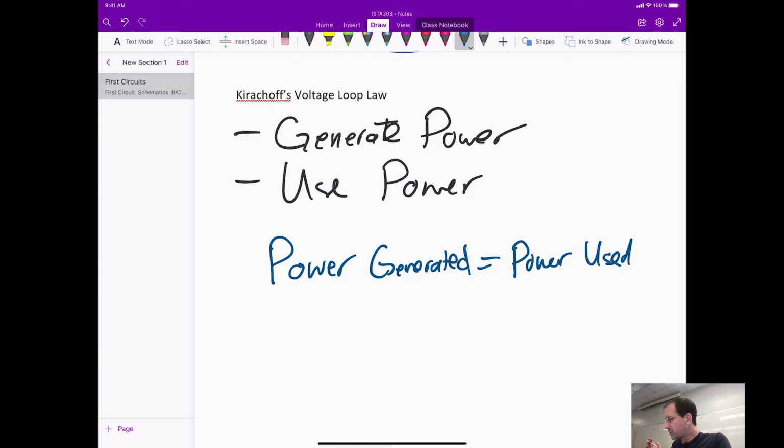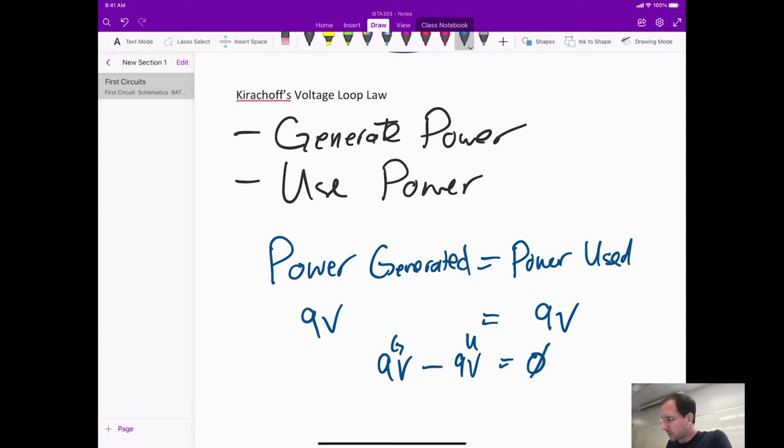So if we generate, say, 9 volts from a battery, then the circuit has to use 9 volts somewhere in it. Which is to say, to make the voltage sum 0. So you can imagine rewriting this a little bit and saying 9 volts generated minus 9 volts used is equal to 0.